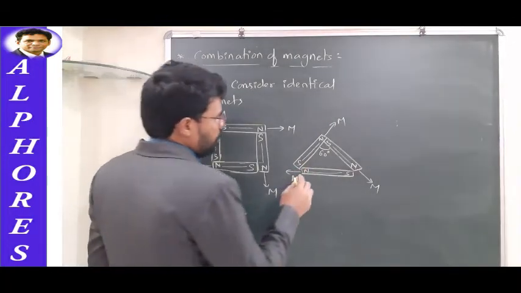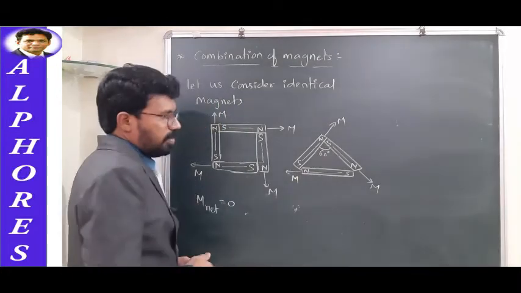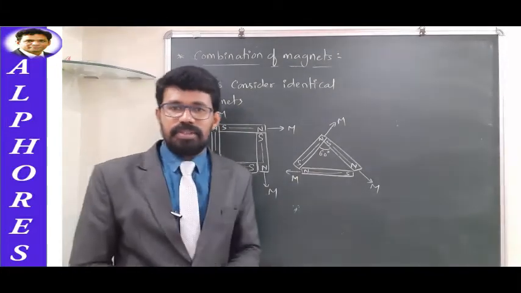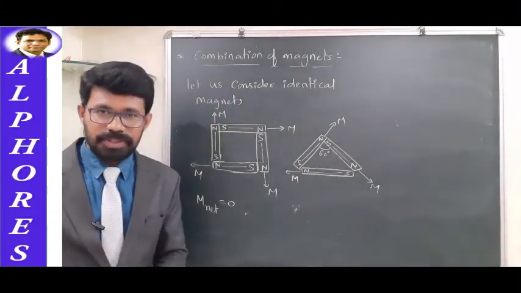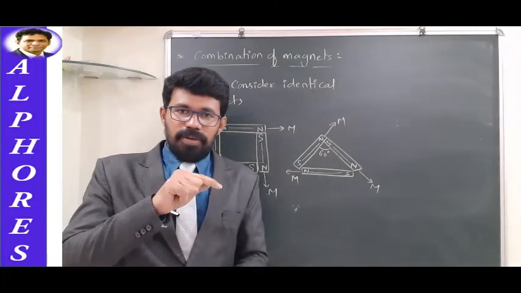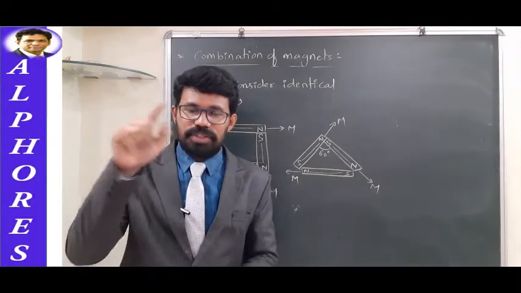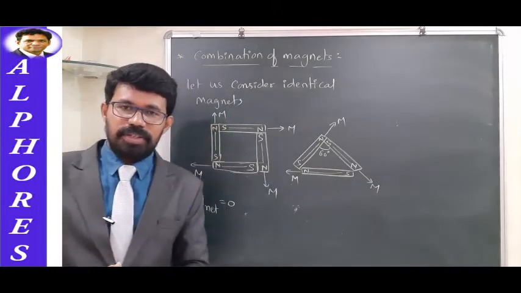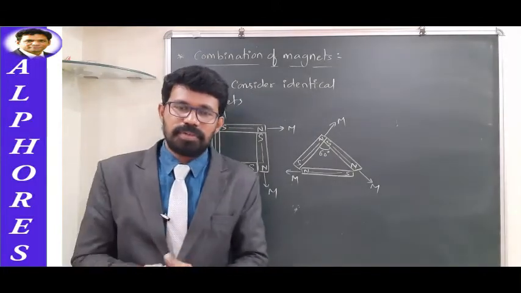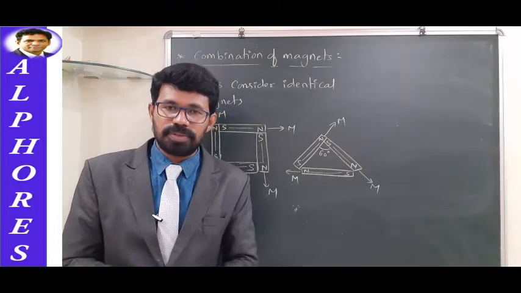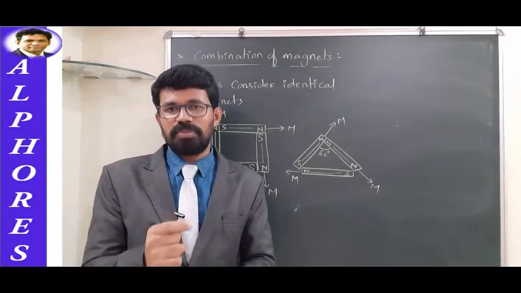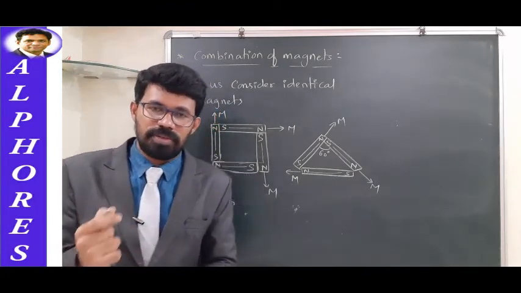See here also, in the triangle of vector addition in first year, you might have come across: if all forces which are equal in magnitude are arranged in the same order along a triangle, then the resultant will be equal to 0. Sum of all those forces will be equal to 0. F1 bar plus F2 bar plus F3 bar will be equal to 0.